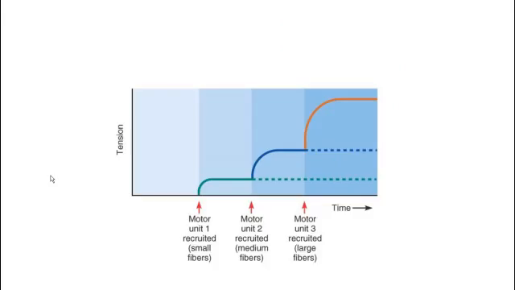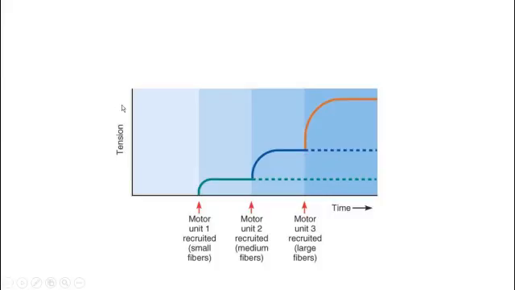So our body wants to be efficient, and so when your brain tells your arm or your leg to do something, it starts sending out action potentials along these motor neurons, and it's going to recruit the smaller motor units first, fewer fibers, because that's more efficient. Why would you recruit a big motor unit with lots of fibers and lots of force if you aren't going to need all that? So we start first with the smaller ones, and here's our little graph.